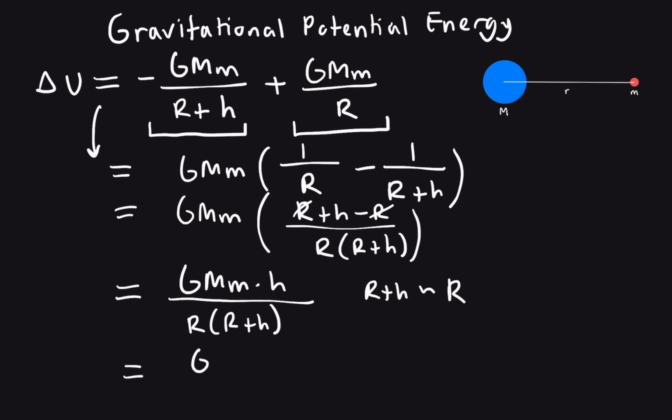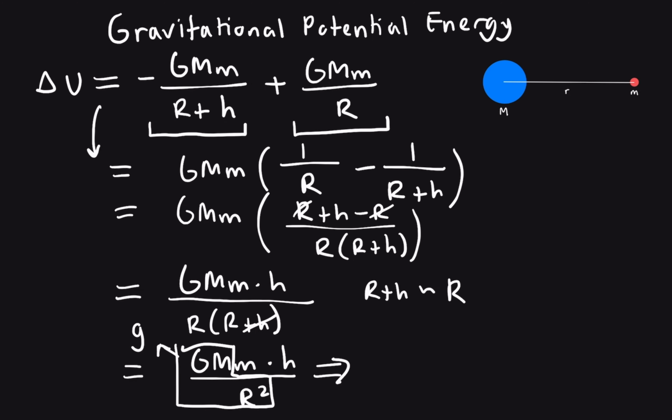So then our formula becomes GMm times h over r squared, because r plus h just becomes r. Now this can actually be rewritten, since we knew from earlier that GM over r squared is just equal to g. So if we replace GM over r squared with little g, we get mgh, which is the formula that you would use for the gravitational potential energy at the surface of the Earth.